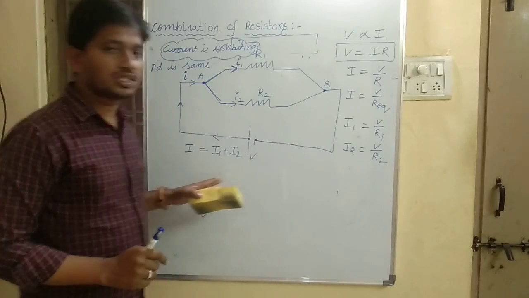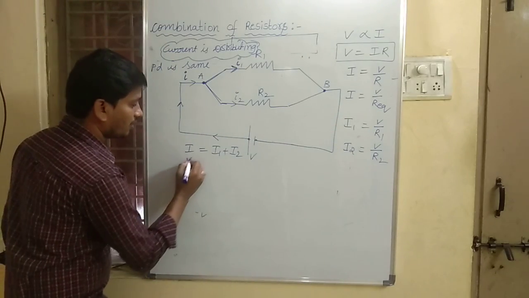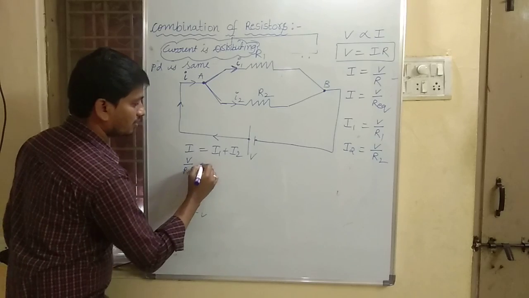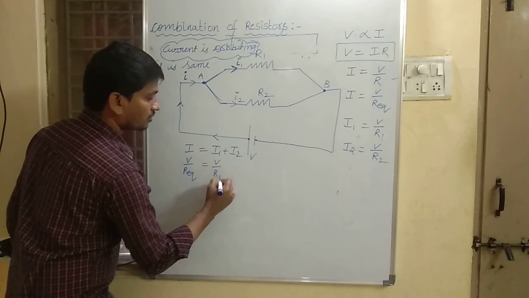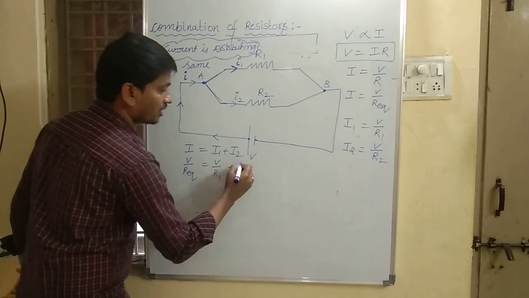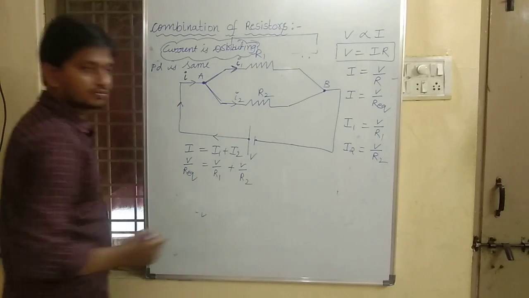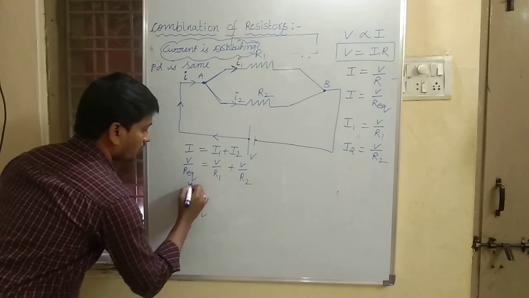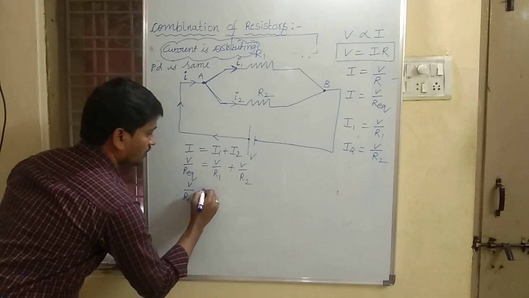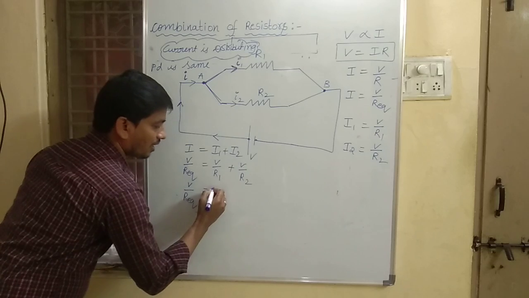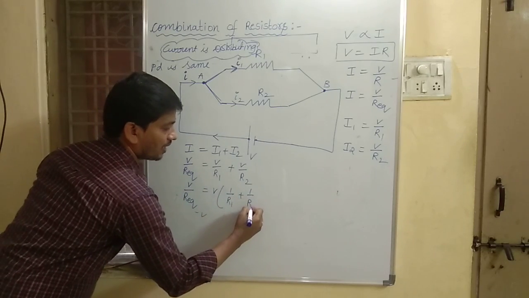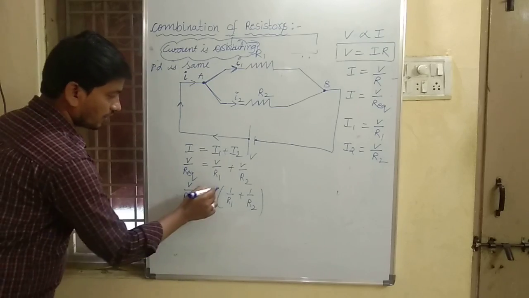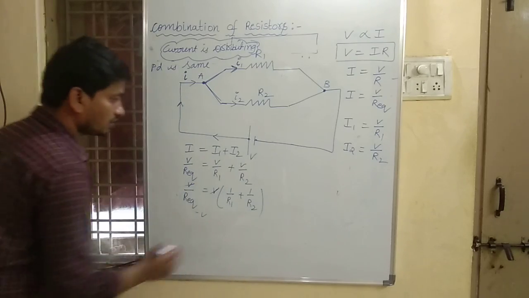Now let me substitute these values here. I is V by R equivalent, I1 is V by R1, and I2 is V by R2. So V by R equivalent equal to, taking V as common, V times 1 by R1 plus 1 by R2. V gets cancelled.